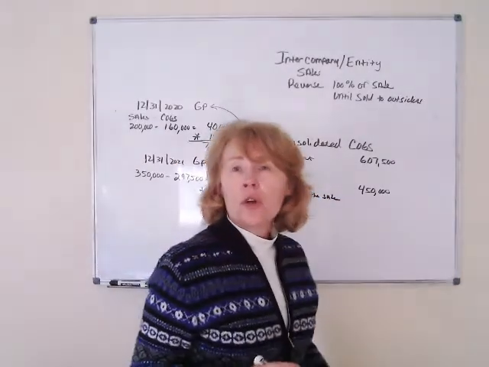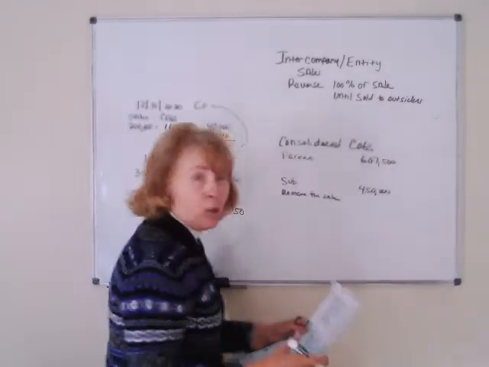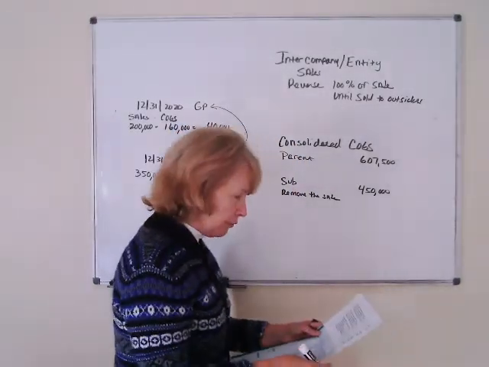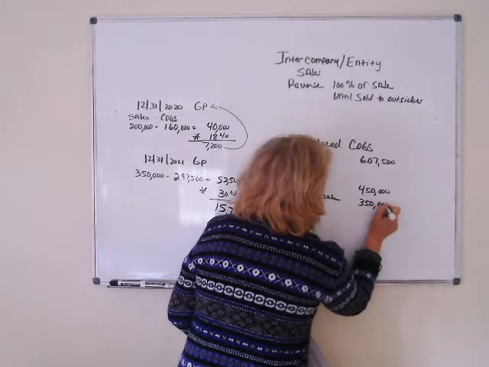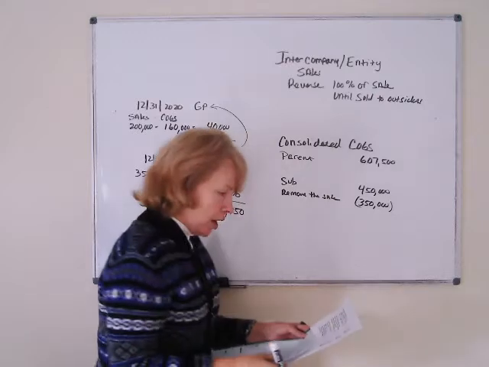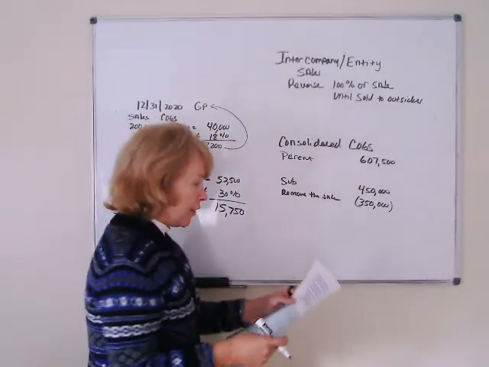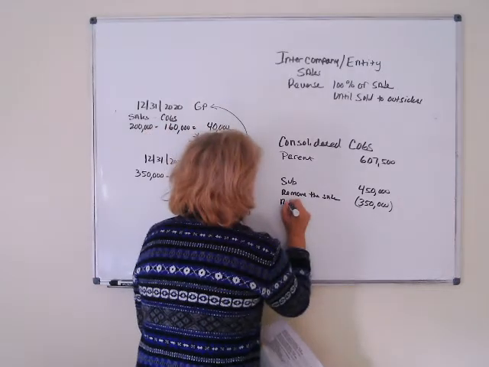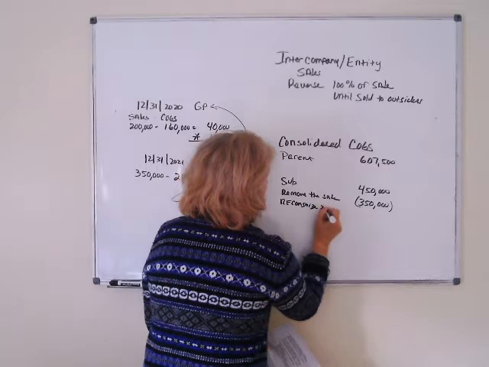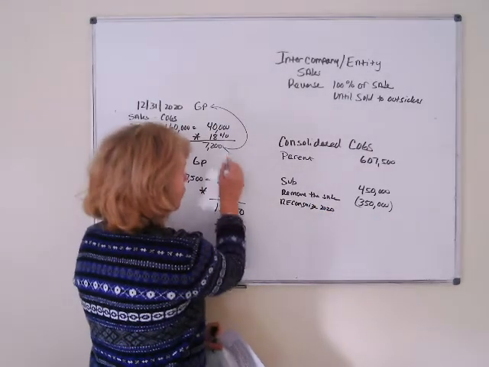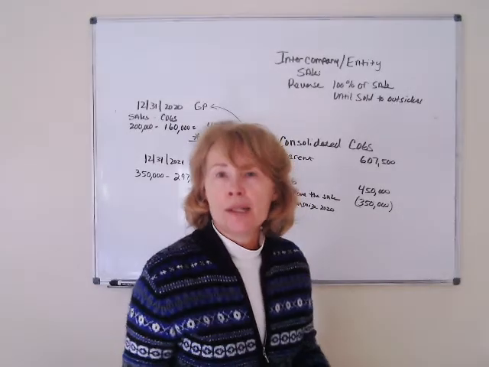Just so you know, the journal entry would be debit sales, credit cost of goods sold. If you're crediting cost of goods sold, you're subtracting from it, so that would be $350,000, shown in parentheses. Next, we're going to recognize the 2020 gross profit, because now it's considered sold to outsiders.